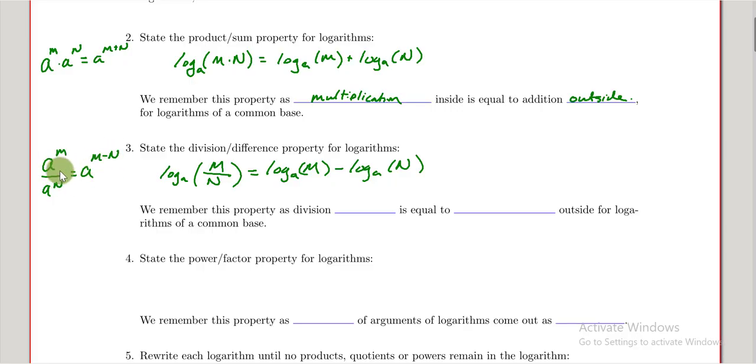Here we have division outside of an exponential expression equal to subtraction inside of it. We have basically the obverse property here, where division inside the logarithm is equal to subtraction outside that logarithm. We remember this as division inside is equal to subtraction outside the logarithm.